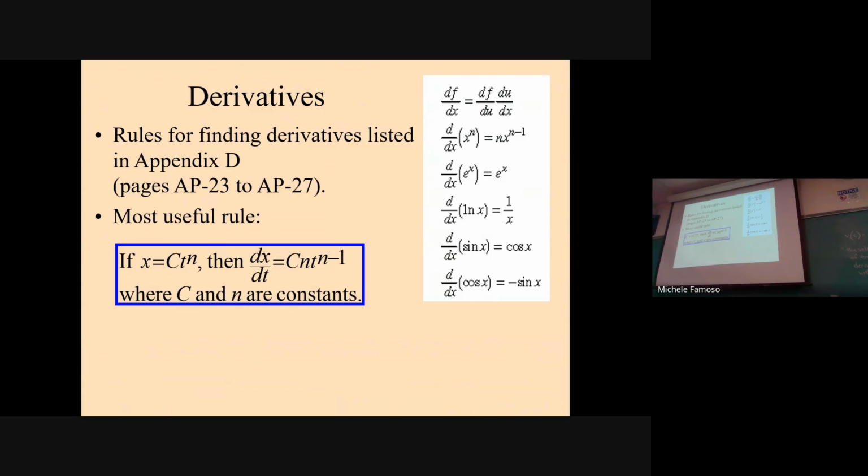Let's do an example with some numbers instead of generic letters, okay? And if you understand it, great. If you don't, we'll talk about it some more. Because you do need to understand how to do this derivative function. So let's say that your position as a function of time is 3 times t to the 4th power. And my question to you is not going to be what is the derivative of that.